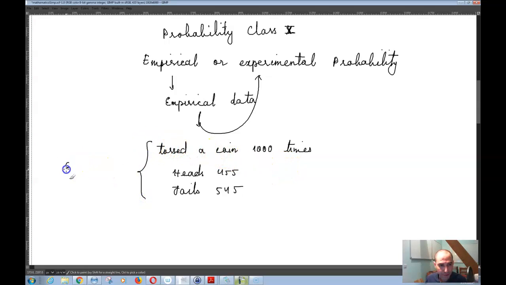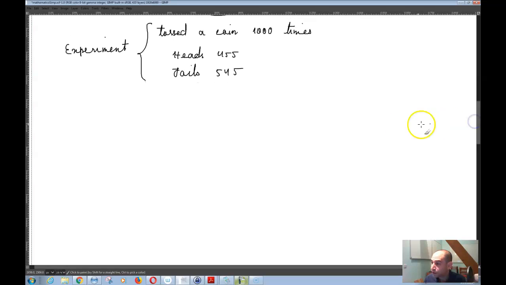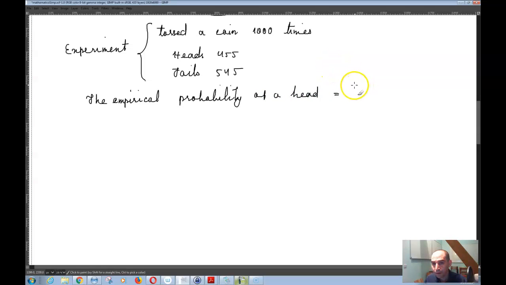So this was an experiment. And then based on this experiment, the empirical probability of a head was 455, meaning the total number of times that the event happens, divided by the total number of times that you do the experiment, which is 1,000 times, which is equal to 0.455.